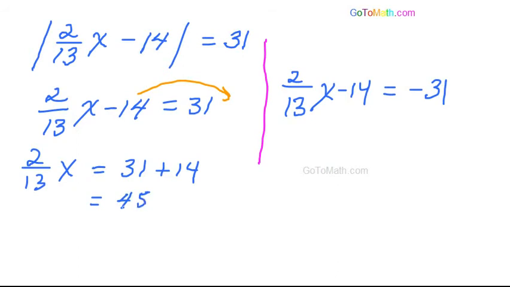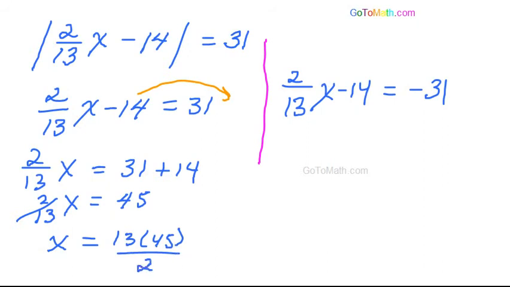So we got 45, we've got 2 over 13 x, right, and then we just multiply through by the reciprocal to both sides, or you can think of this as moving 13 diagonally up and 2 diagonally down, and that's usually the way I think of it. So we end up with 13 times 45 over 2, and of course we want to reduce that down if we can, and I don't see that happening.